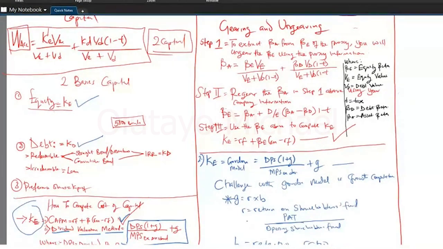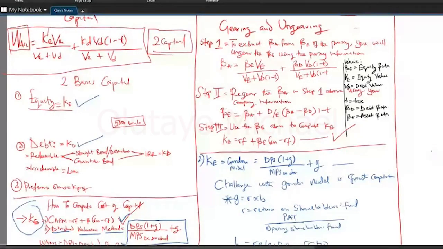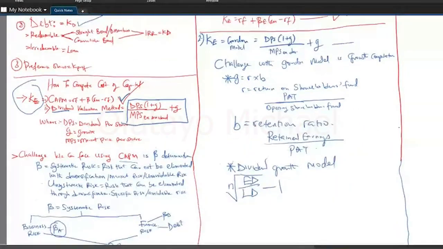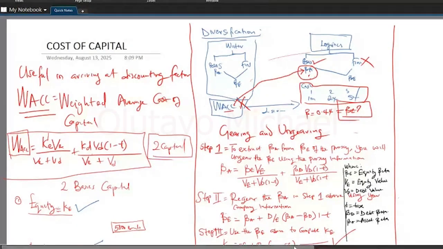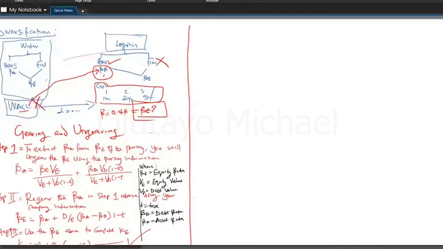Redeemable debt can either be a straight bond or a convertible bond. I will treat them at once, neck and neck. So now, how to compute cost of debt? Here we are starting with redeemable, because the irredeemable has nothing at all.